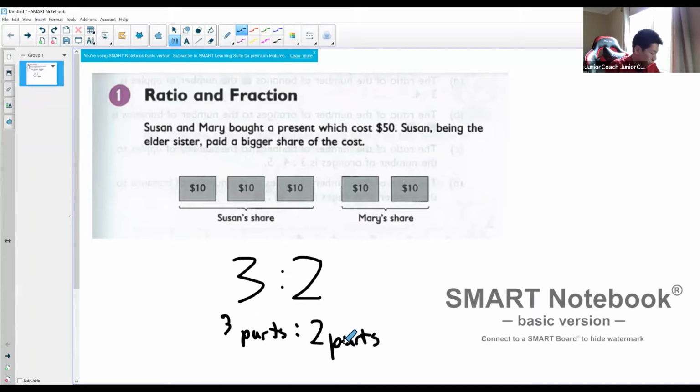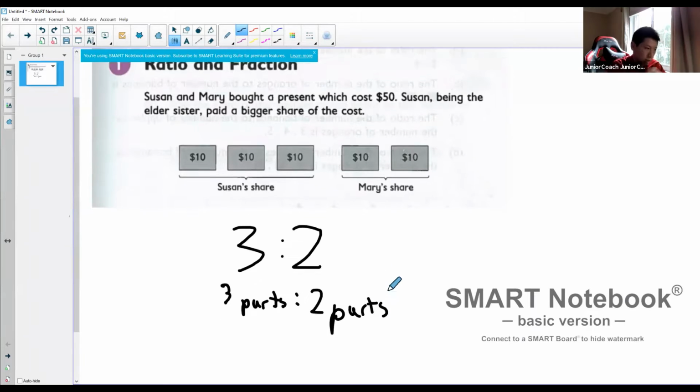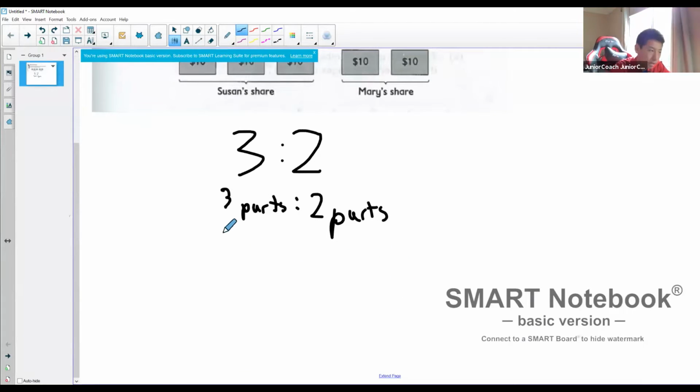Now, instead of writing parts, does anyone else know what we could write here? Send your answer in chat to me. And what I'm referring to is chapter 1, algebraic expressions. What's another way we could write this? Well, what can we write instead?